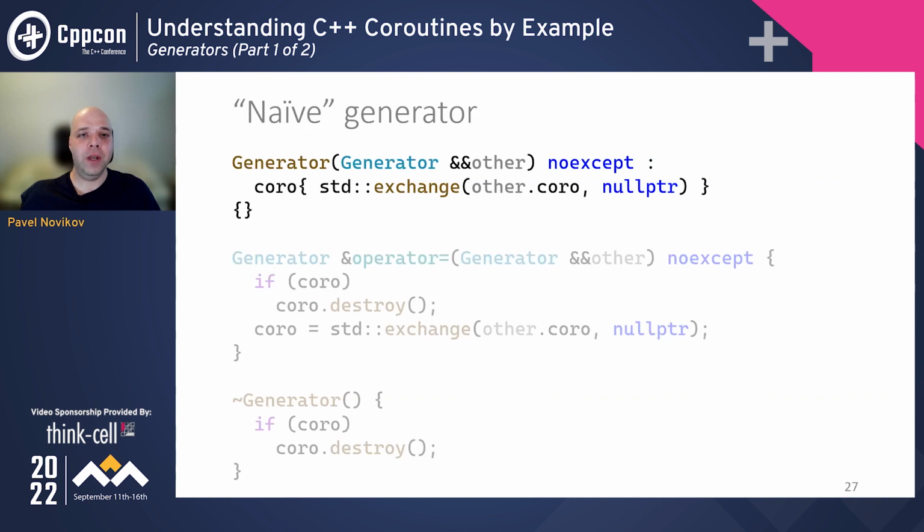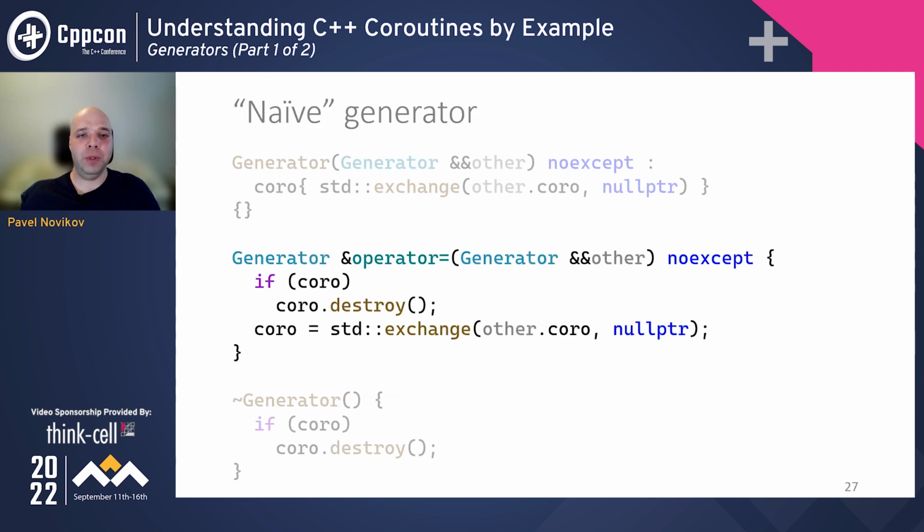We have a move constructor that just moves the value of the coroutine handle from the other instance. We have to use exchange because the coroutine handle follows pointer semantics. When we move a coroutine handle, it is equivalent to copying, so we have to manually set null to the coroutine handle of the other instance.